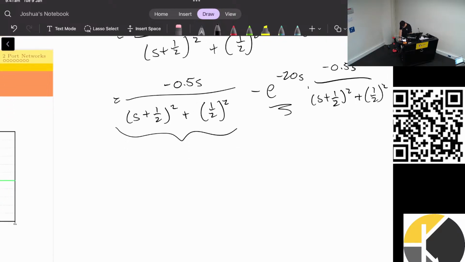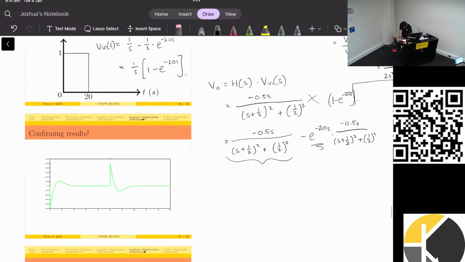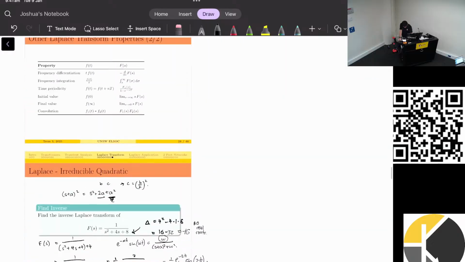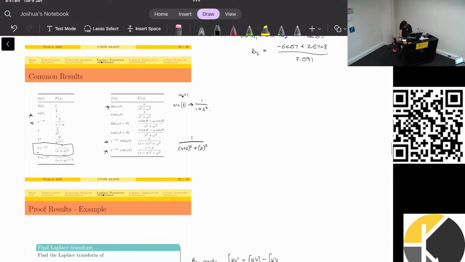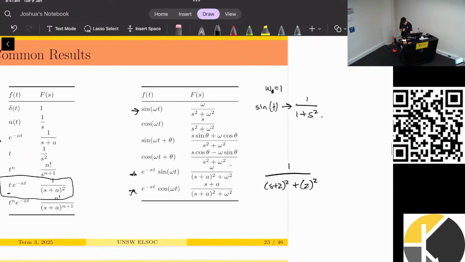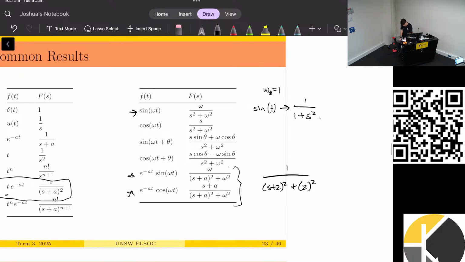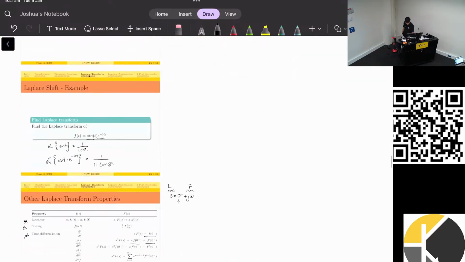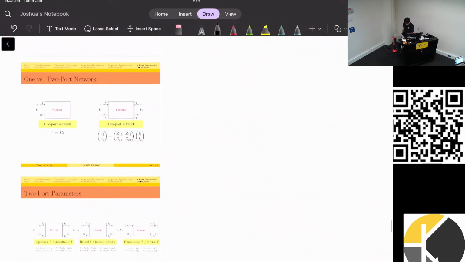So looking at our pairs again, we probably want to be using these two, because we have this completed the square form where we have s plus something squared plus something else squared. So I'll write those down if I can remember them.